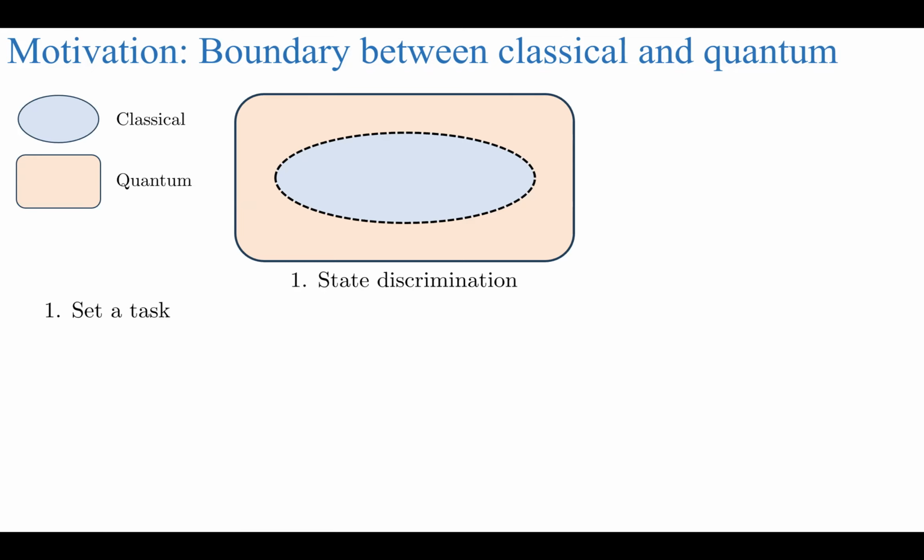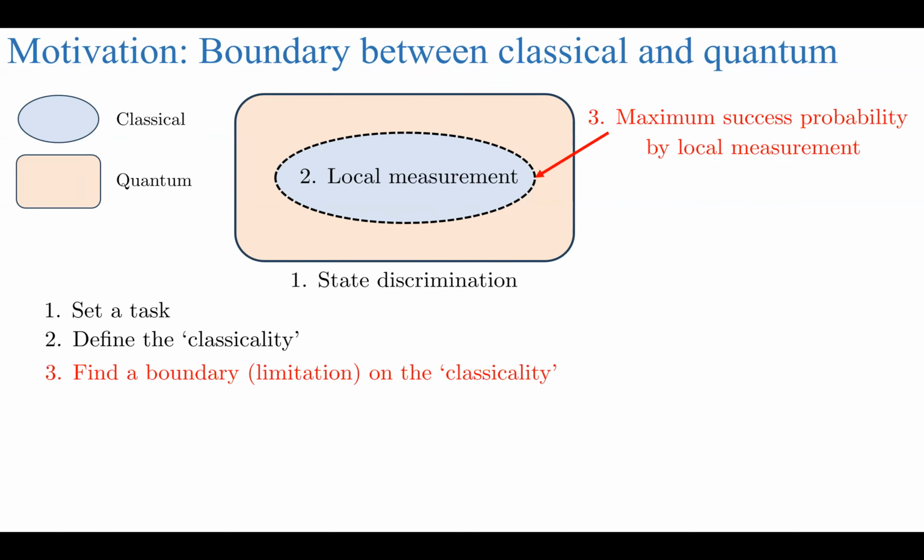Let's think of a procedure. First we set a task, here state discrimination, and then we define the classicality, here LOCC or local measurement. The next step is to find the limitation of the classicality.